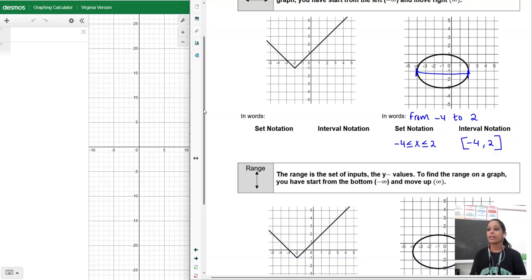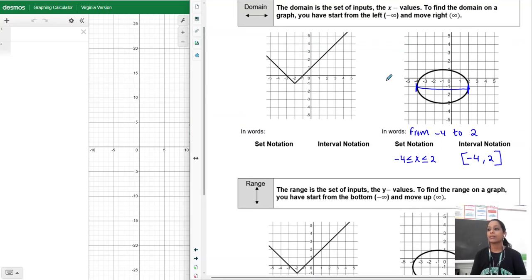Now I'm going to come back to this problem right here. For this problem, you notice that the graphs are actually going off the graph, right? I'm gonna go ahead and put an arrow. Usually there are arrows, but this one doesn't. But it means that it keeps going. It doesn't stop.